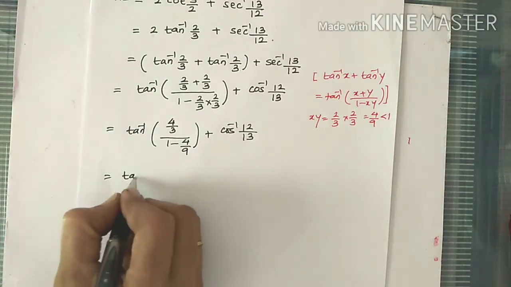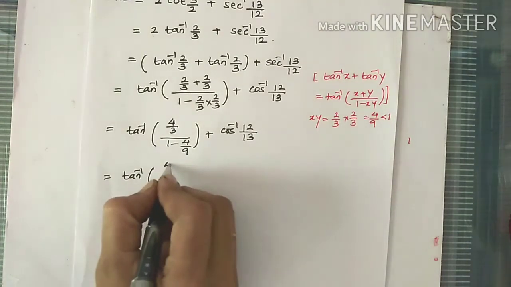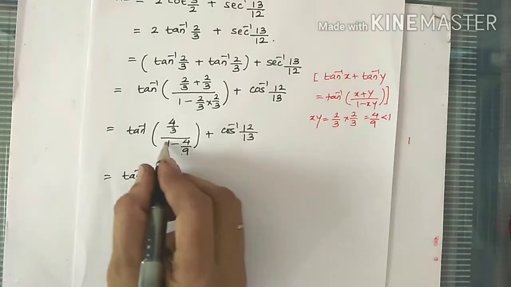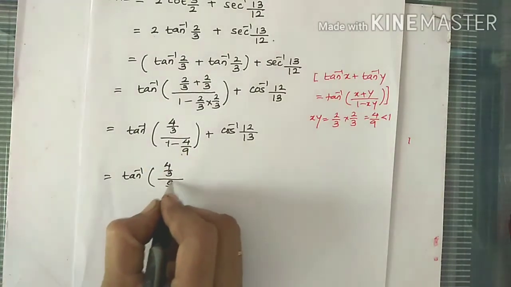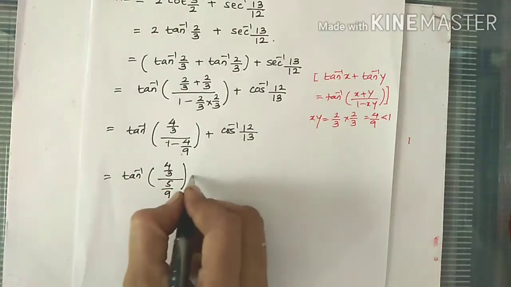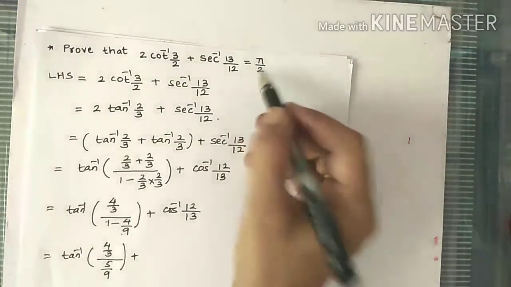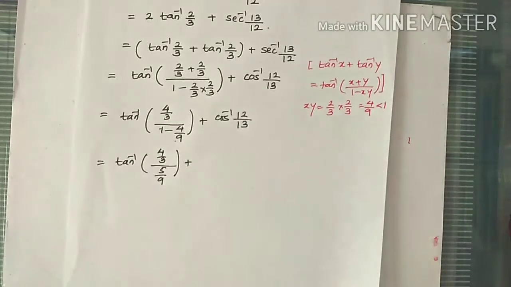So tan inverse of 4 by 3, and 1 minus 4 by 9 is now 9 minus 4 upon 9, that is 5 upon 9, plus, now in the right hand side we have pi by 2.